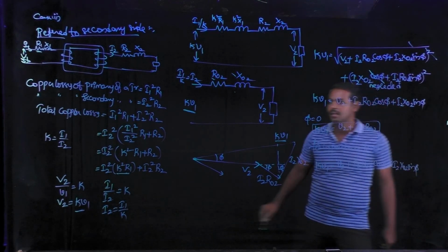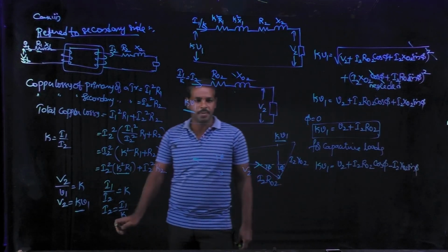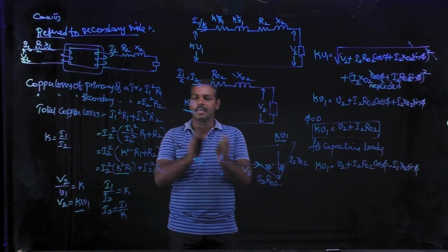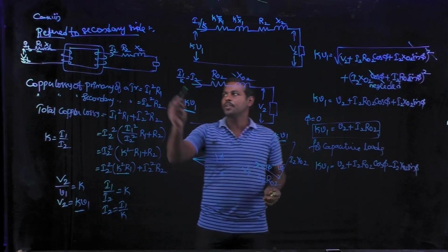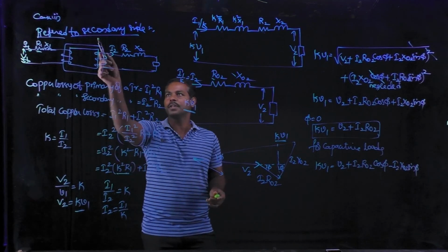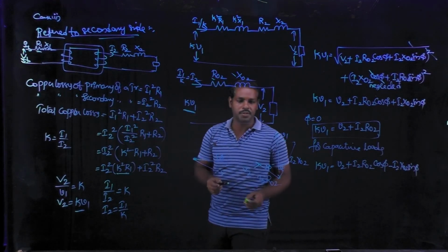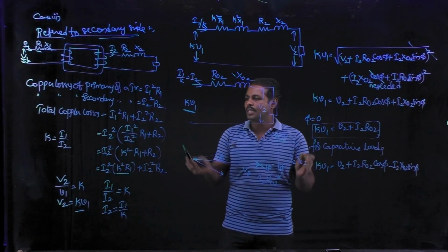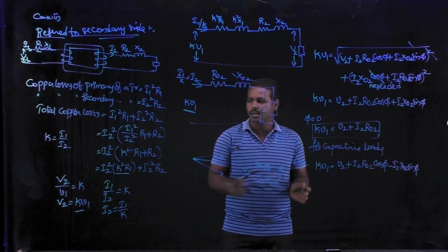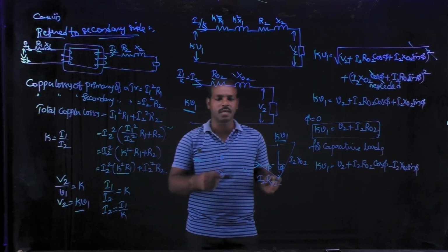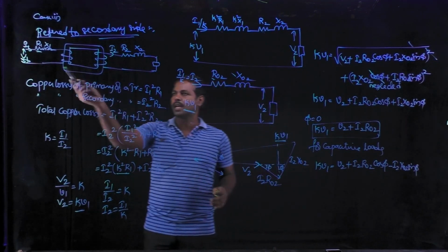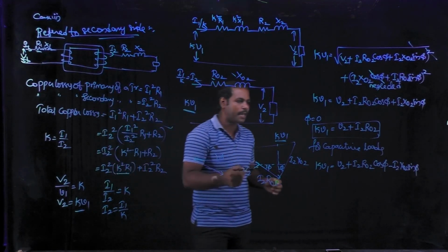So these are the equivalent resistance of the primary as well as the equivalent resistance of the secondary, referred to either the primary side or the secondary side. The first case is referring to the primary side, and case number 2 is referring to the secondary side. So these are very important notations for the transformer. Based on these notations, two independent circuits are converted into a single independent circuit.